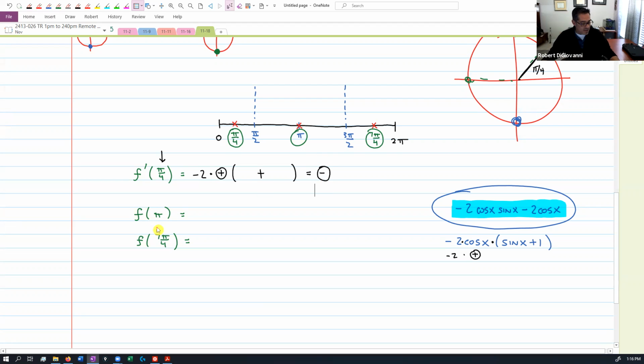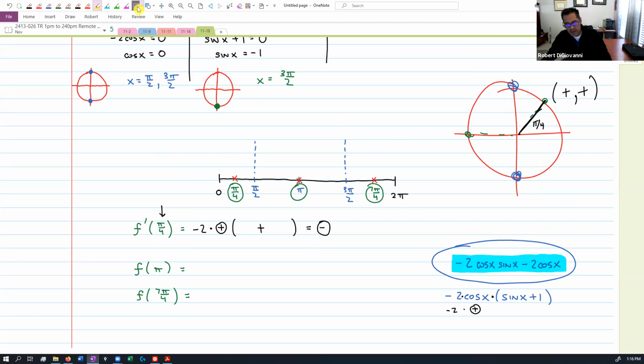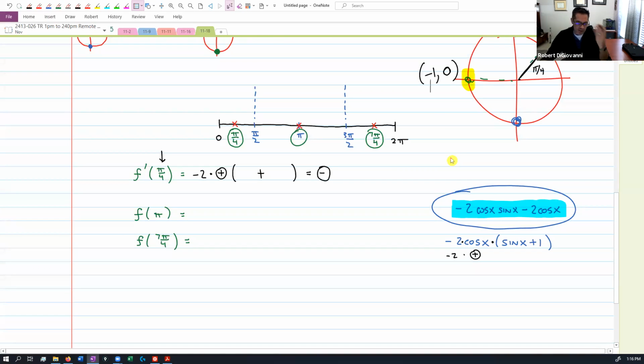All right, let's do the same thing for pi. Now we're at this angle, right? And we know over here that the x coordinate is negative and the y coordinate is 0. I understand we know it's -1, but what's most important is the sign.